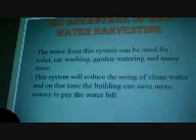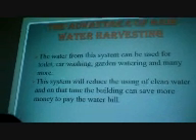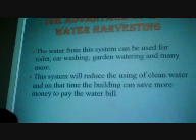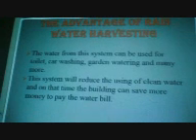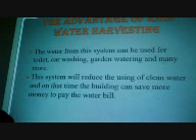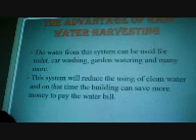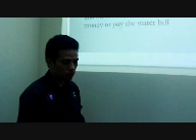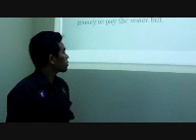The advantage of rainwater harvesting is that the water from the system can be used for toilets, car washing, garden watering, and many more. Besides that, this system will reduce the use of clean water, and at that time, the building can save more money on the water bill.